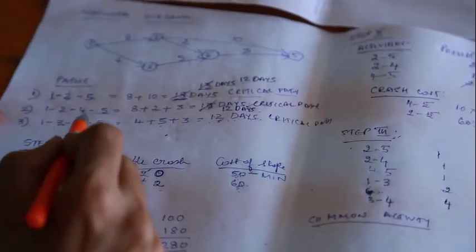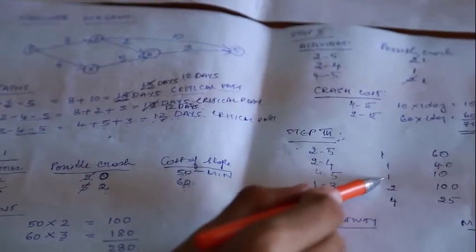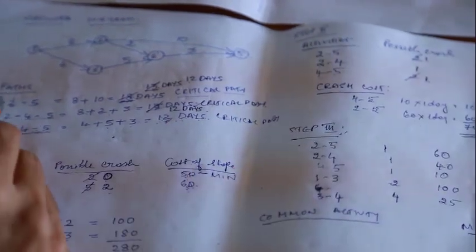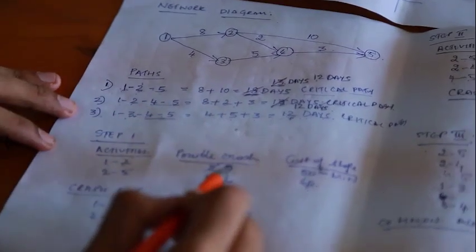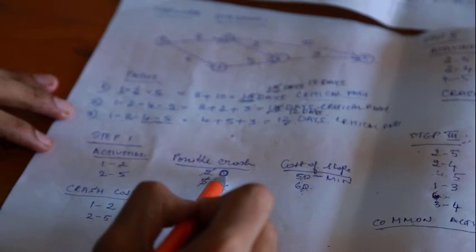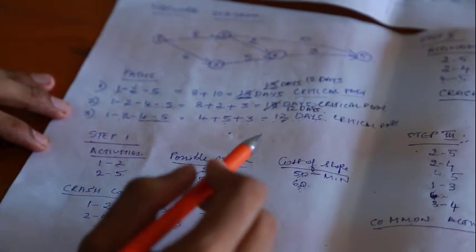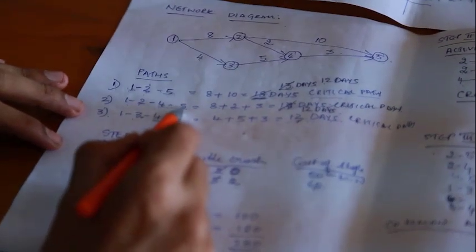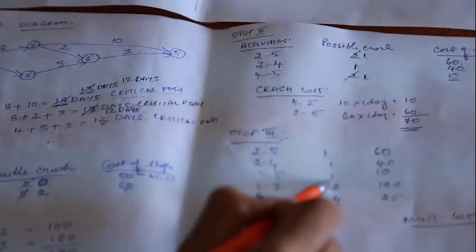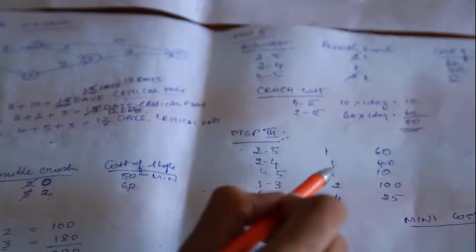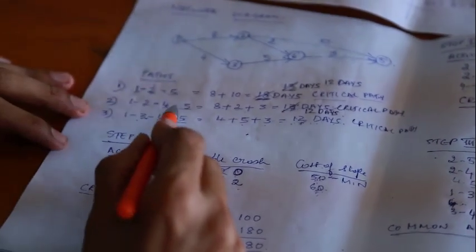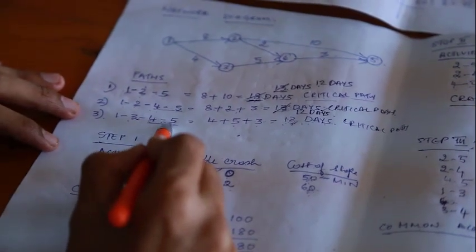Since activity 4 to 5 has got 1, therefore we'll have to take it. But activity 1 to 2 has got 0, so we have not taken it. Activity 4 to 5 is more than 0, therefore we have to take it as a common activity.